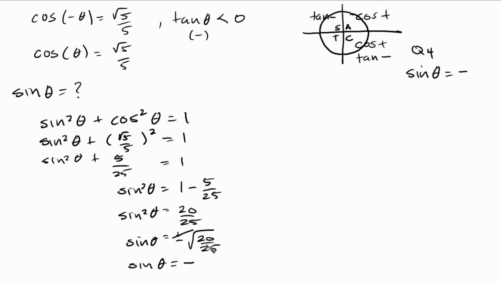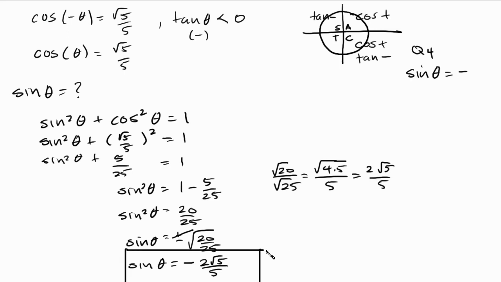Square root of 20 over square root of 25, that's what the square root of 20 over 25 is equal to. And this would be 4 times 5, and this would just be 5, so this would be equal to 2 root 5 over 5. So our answer is going to be a negative number, negative 2 root 5 over 5. And that's our final answer.